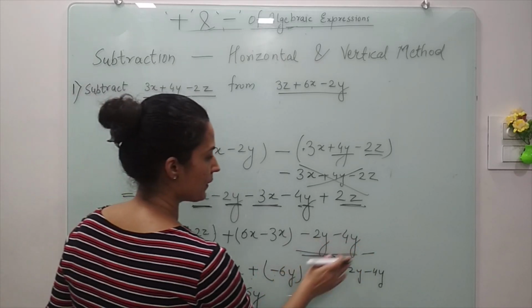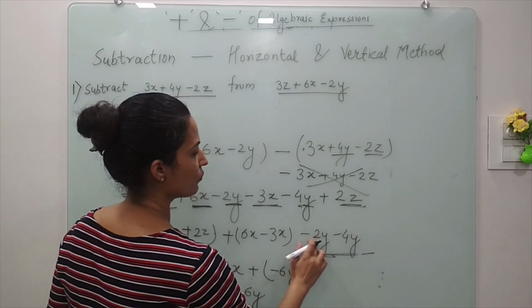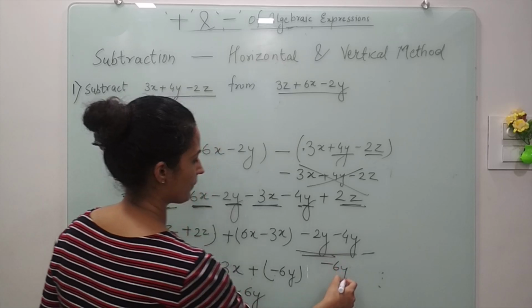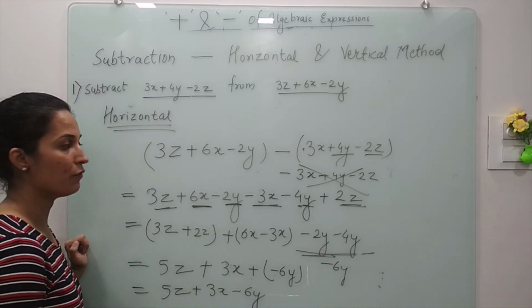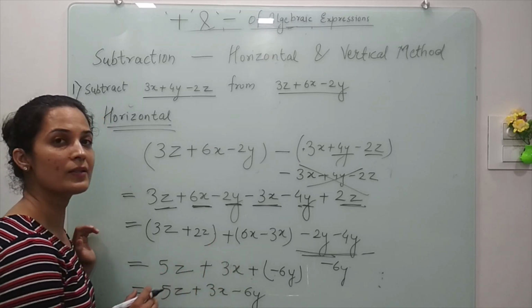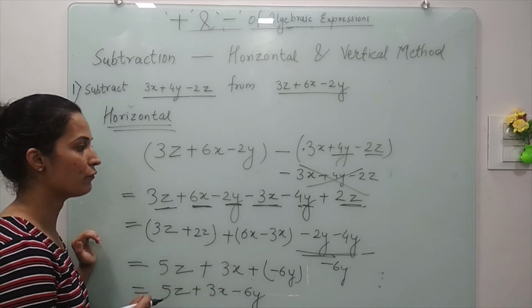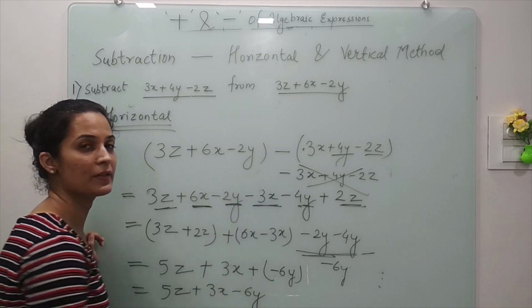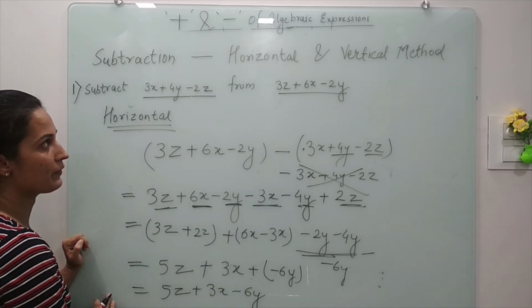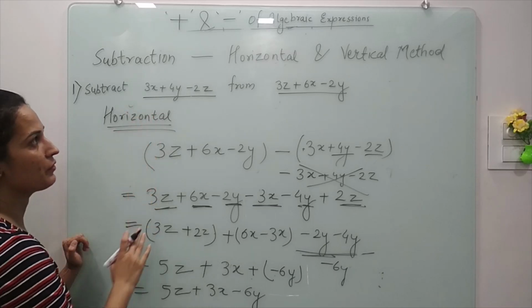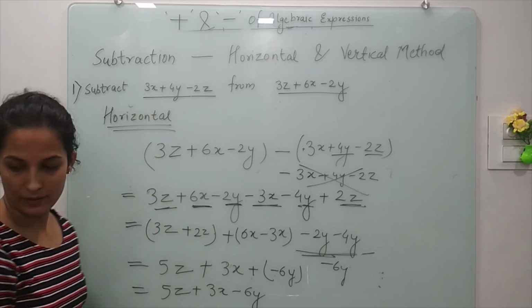And then I can simply write minus 2 minus 4, which is minus 6y. So you have to be very careful when you are grouping the like terms. You have to be careful about their signs as well, whether positive or negative. Now this is the horizontal method that we have done for subtraction. We will try to understand the vertical method also.